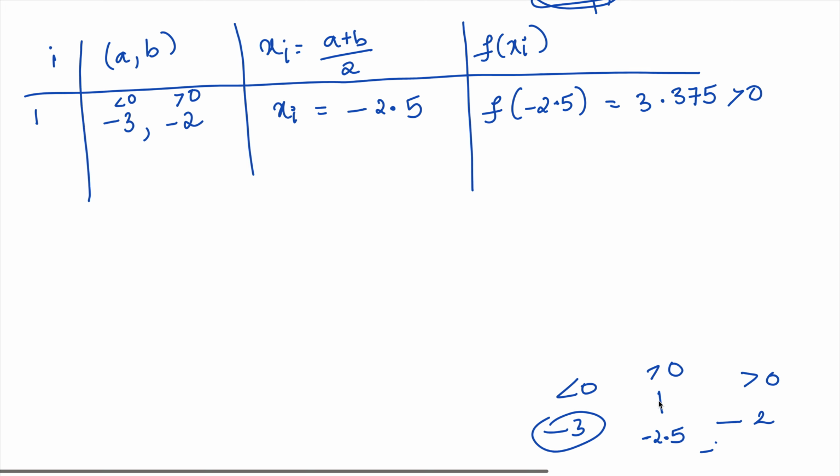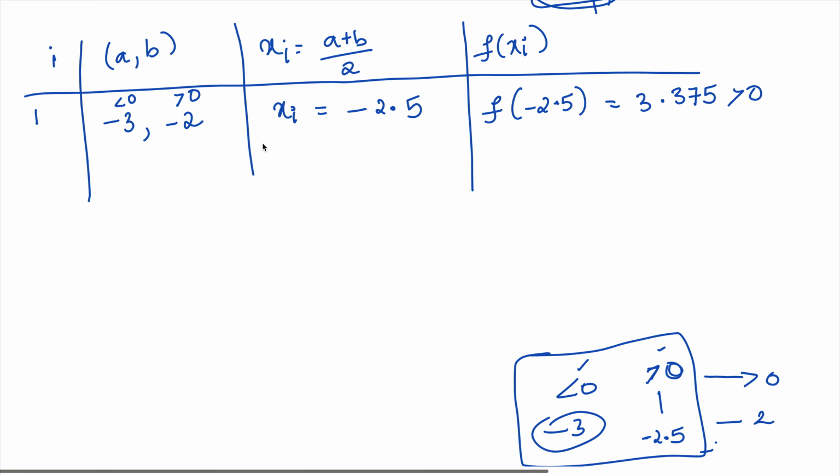We know that the root lies where f of a into f of b is less than 0. So we'll neglect this interval and consider the other interval, because we are again getting something greater than 0, so all these intervals would give us greater than 0 only.